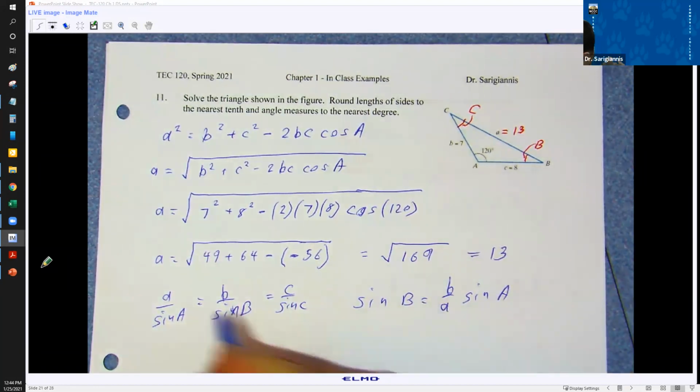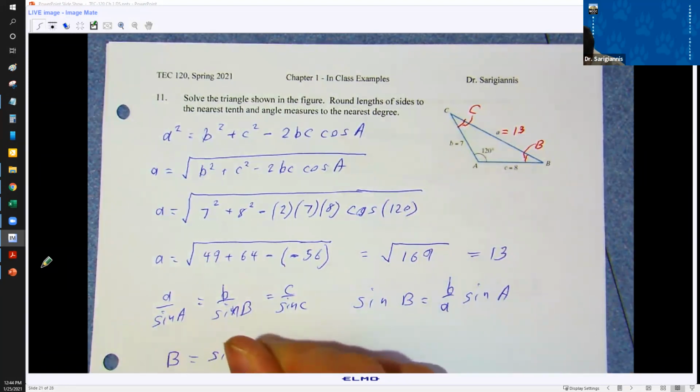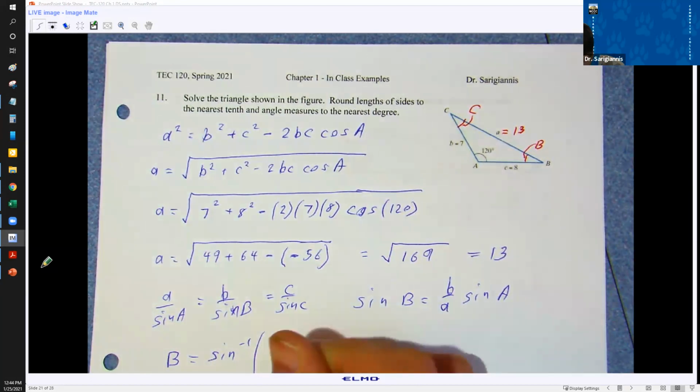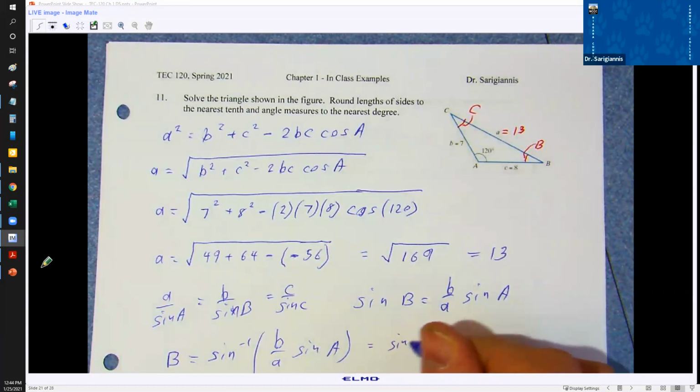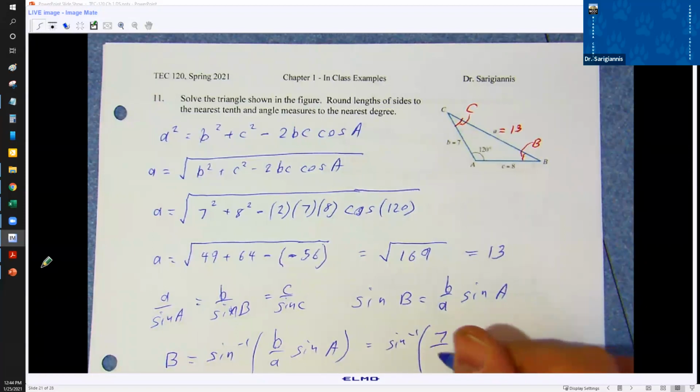So to actually get B, B is just the inverse sine of B over A sine A. And that's going to be inverse sine. What do we got? 7 over 13 sine of 120.